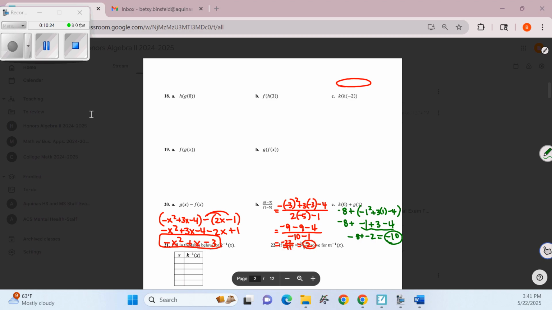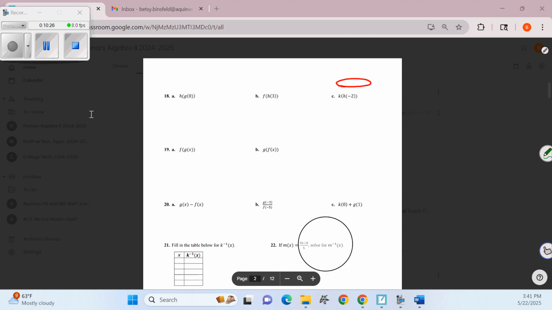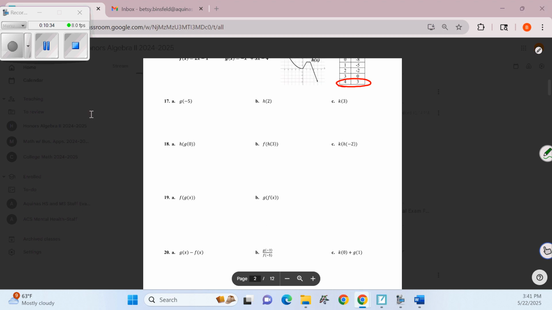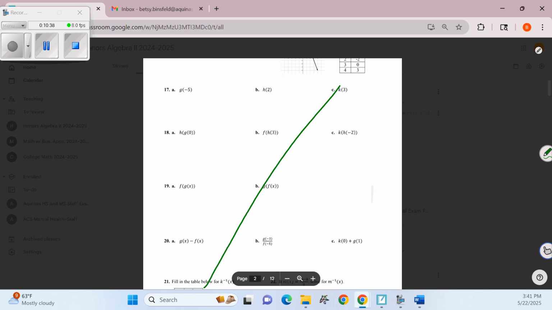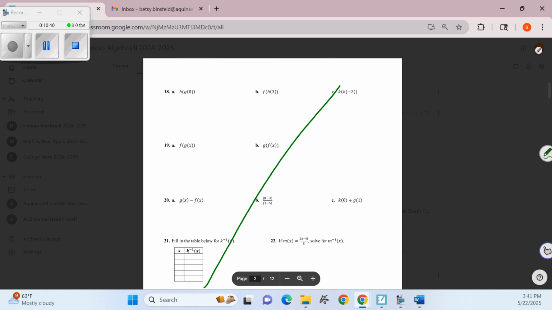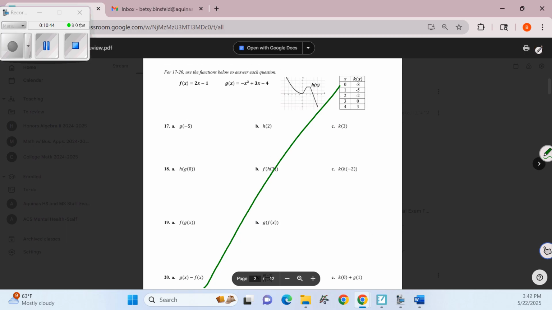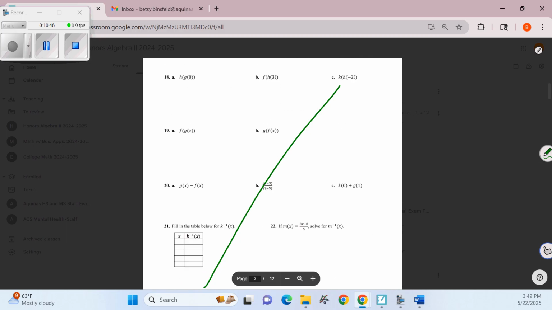Okay, moving on to 21 and 22. So remember what it means to be an inverse. This is just a really quick little exercise to get us to recall that these two charts up here are very closely related. The one up here, in order to get the inverse, we're simply switching the XY ordered pairs. So instead of 0, 1, 2, 3, 4 down the X column, that will be our Y column.